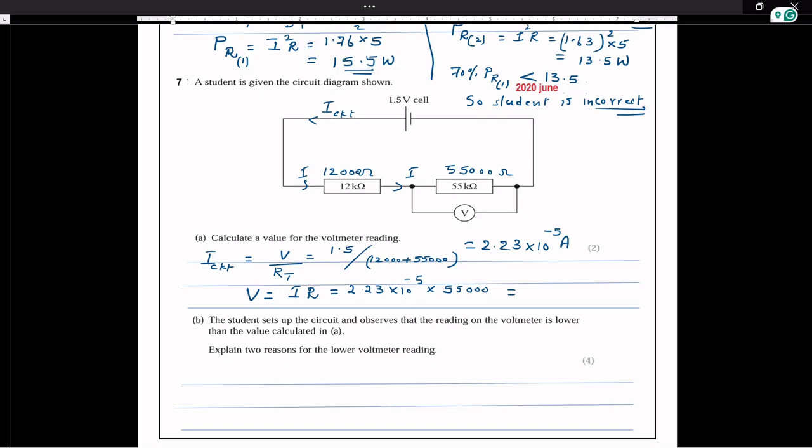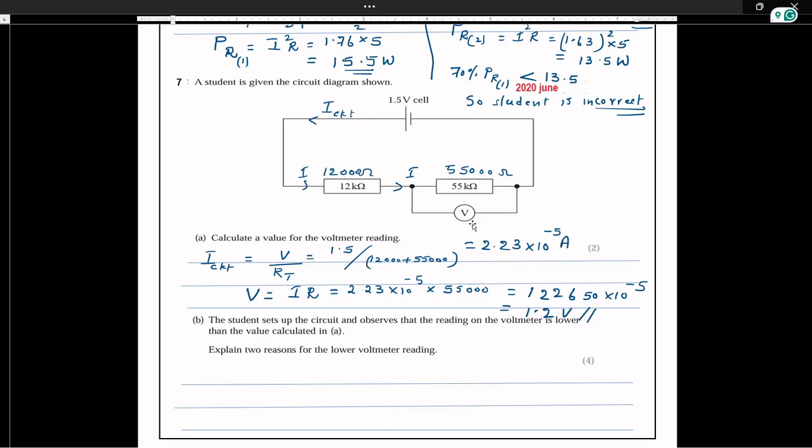On calculation, it's giving 122,650 times 10 to the power of minus 5, which is 1.2 volts.